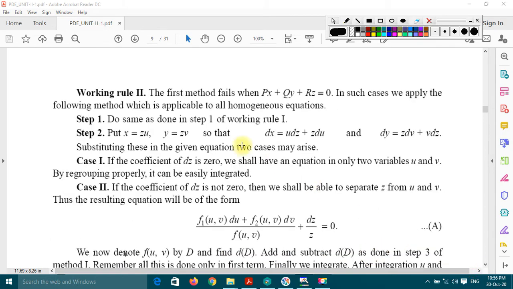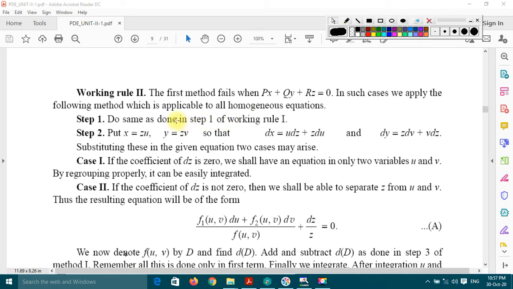Now the second working rule. If our value of Px plus Qy plus Rz is equal to 0, in that case we apply the following method to the homogeneous equation.